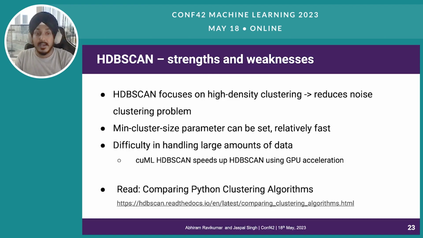Now let's see what the strengths and weaknesses of HDBSCAN are. HDBSCAN basically focuses on high density clustering, and as a result, it reduces the noise problem. The minimum cluster size parameter can be set, and it's relatively fast compared to others, as we see in the performance.